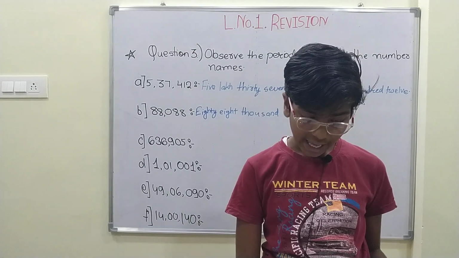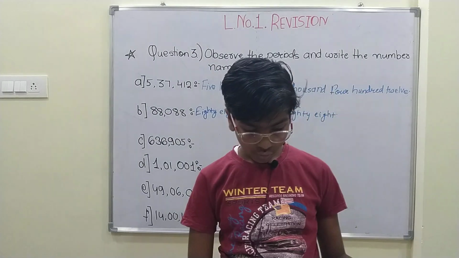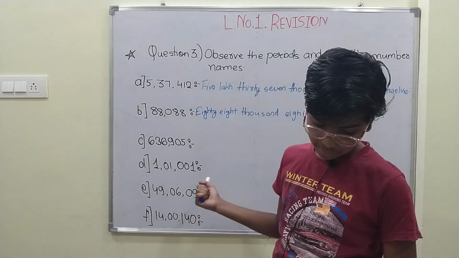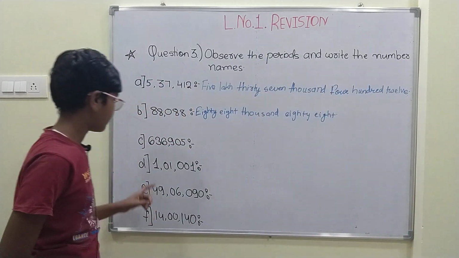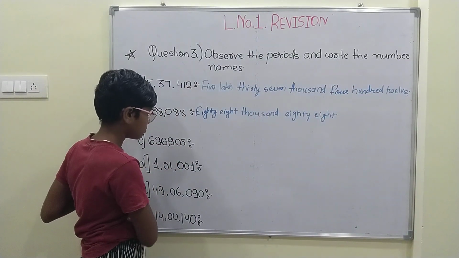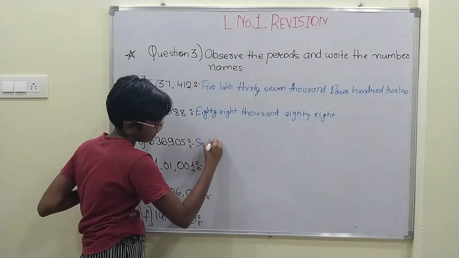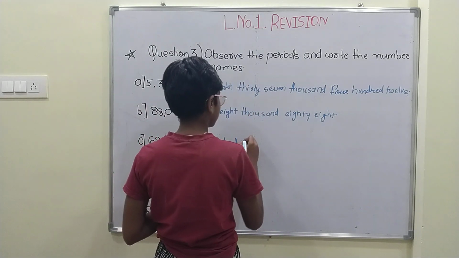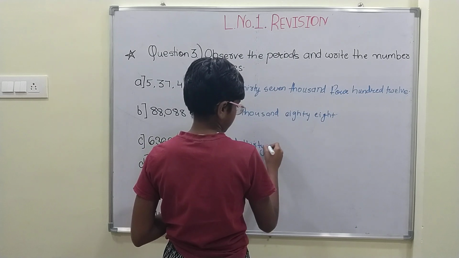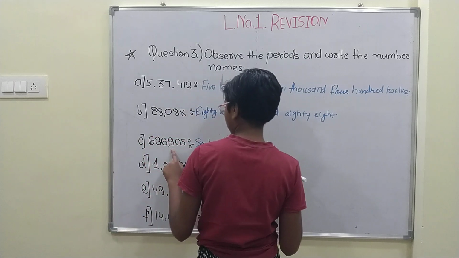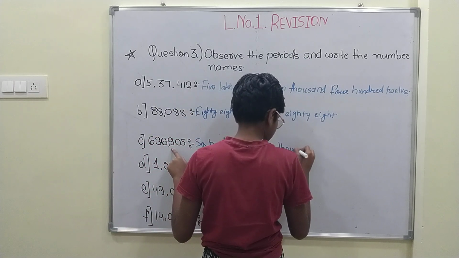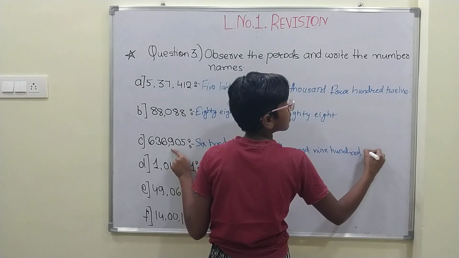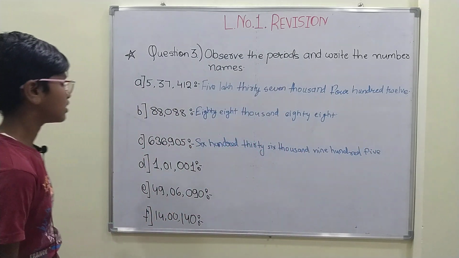So if we write this, it would be nothing but 636, with ones, tens, hundreds, thousands, in the 100,000. 600. 36. 1000. 900. 5. Understood?